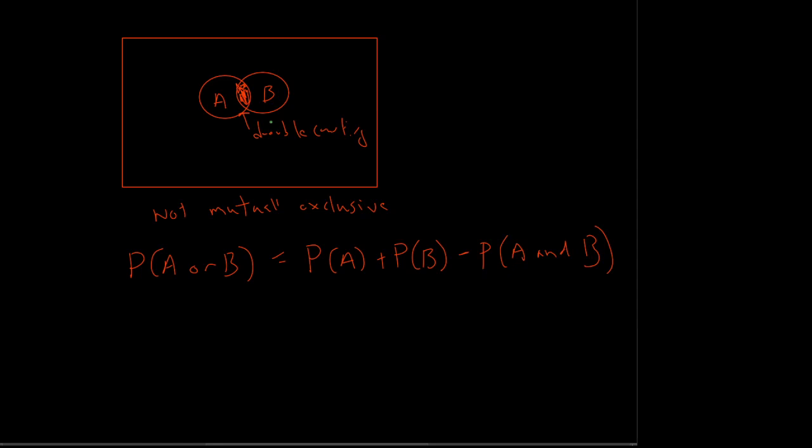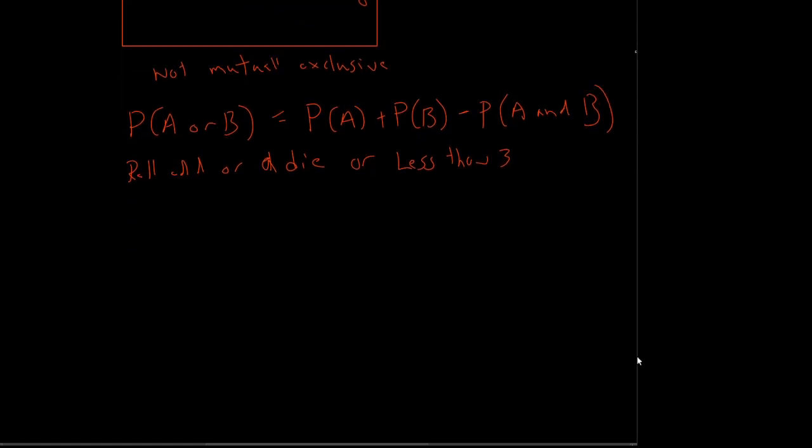That ANDs them together. So for example, I'll go back to my die example. The probability of rolling odd on a die or less than 3. Use the example from the book.